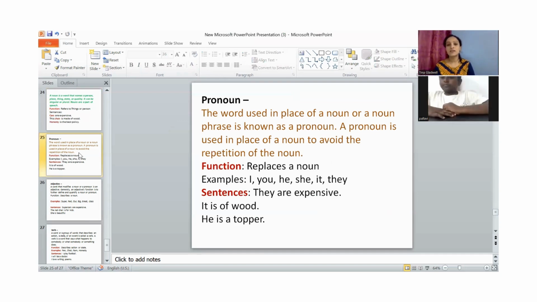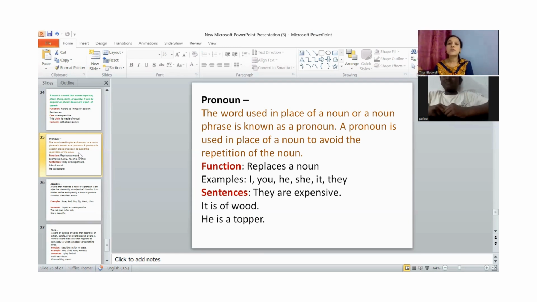Pronoun. What is a pronoun? You must have learned about pronouns. Pronouns always replace a noun. I cannot keep calling your name: Parthiv is studying, Parthiv is singing, Parthiv is playing badminton, Parthiv is eating.